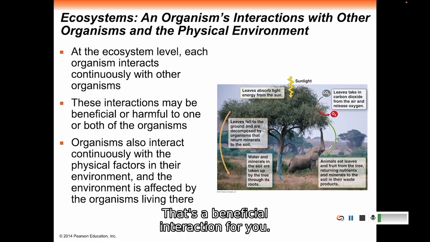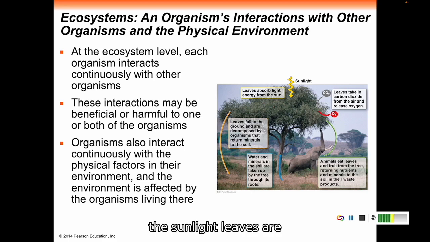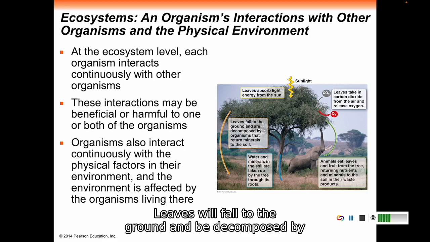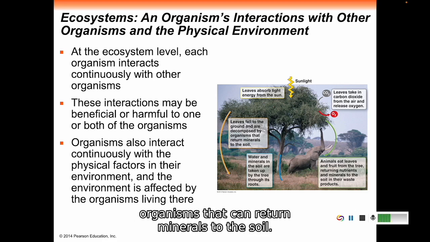interaction for you. Organisms also interact continuously with physical factors in your environment, with the air, with the soil, with the water. And the environment is constantly affected by the organisms living there. So here we have the sunlight. Leaves are absorbing light energy from the sun. Leaves will fall to the ground and be decomposed by organisms that can return minerals to the soil.